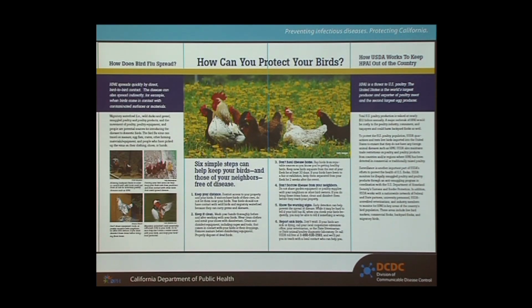You restrict access to your property and your birds. You don't let wild birds near your birds, so you have to separate with a barrier because wild birds can carry the disease. You wash your hands. You wear clean clothes. You scrub your shoes with disinfectant. You clean and disinfect your equipment, including cages and tools. You don't let any vehicle come in or out without disinfecting the undercarriage.